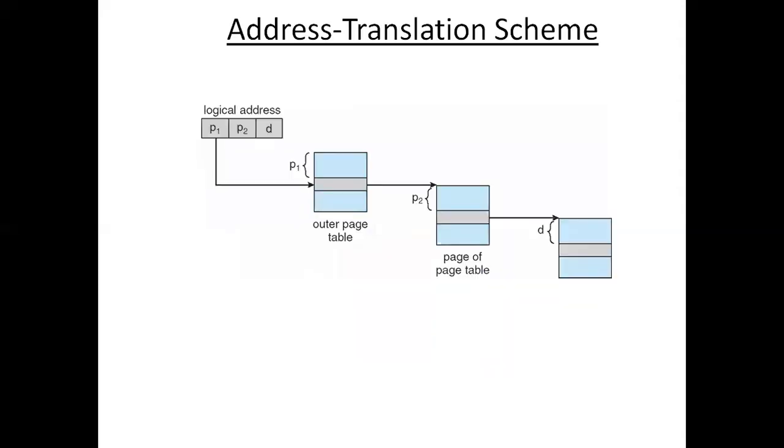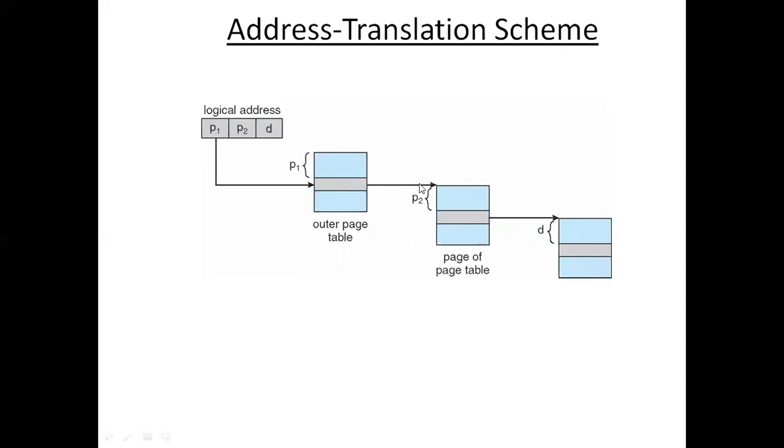Okay, and you can pictorially show it in this way. The logical address is P1, P2 and displacement. So these two form the page number, where the outer page number is represented by the bits shown over here. In our example, it is 12 bits. Each 12 bits is looking up the 10 bits of the inner page table. So this is the outer page table and the inner page table.